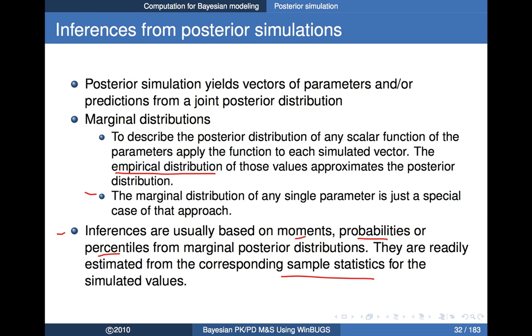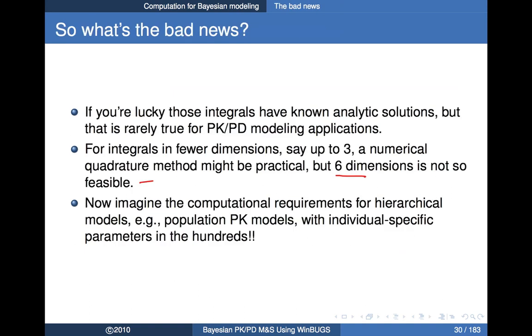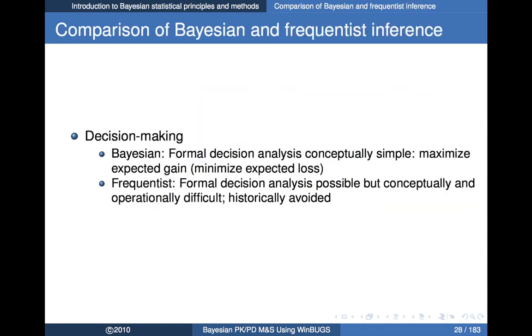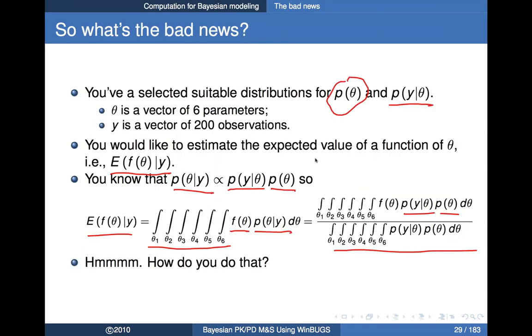In other words, I'm saying this P of y given theta is a normal distribution. Theta now represents this pair of parameters, a mean and a variance. Similarly, my prior is actually a prior distribution for both of those parameters.